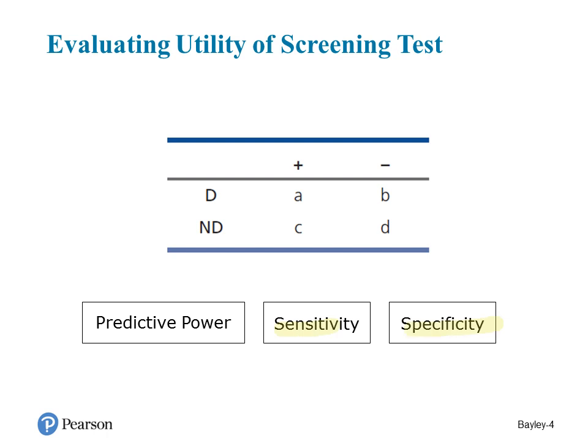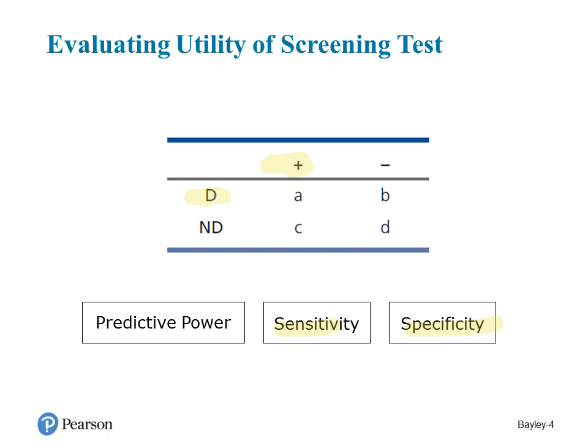Sensitivity, especially when we think about a screening test, is really important because it tells us the probability that a child with a developmental delay will actually test positive for a developmental delay, right? Sensitivity is often referred to as the true positive rate.